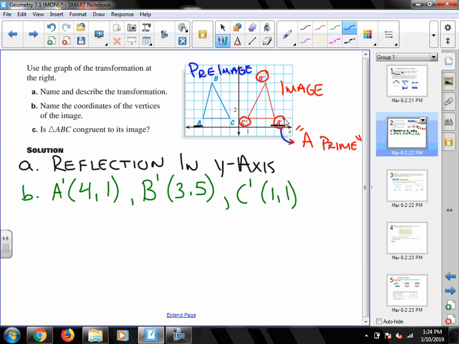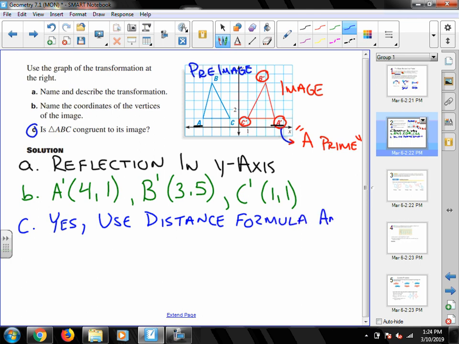And the last one is, is ABC congruent to its image? So are the red and blue triangles congruent, meaning do they have exactly the same size and shape? I'm going to say yes, they are. And if you would like, you can use the distance formula and SSS to show congruence.